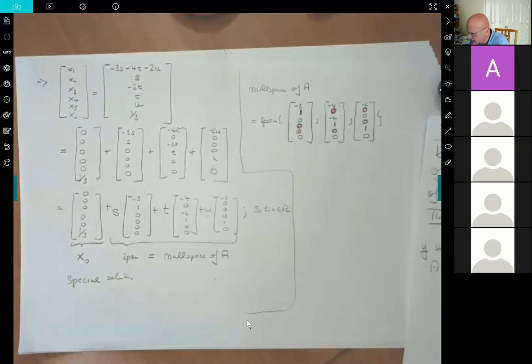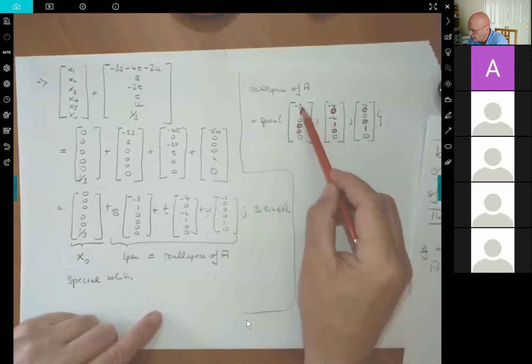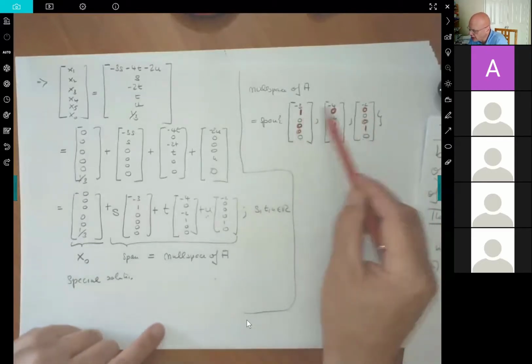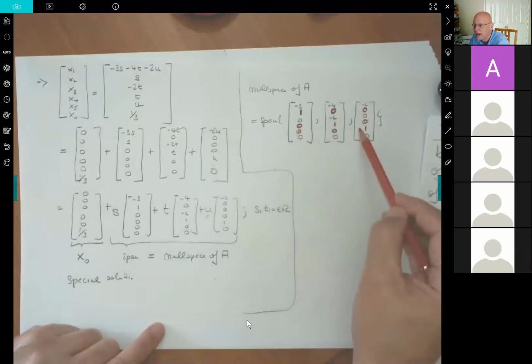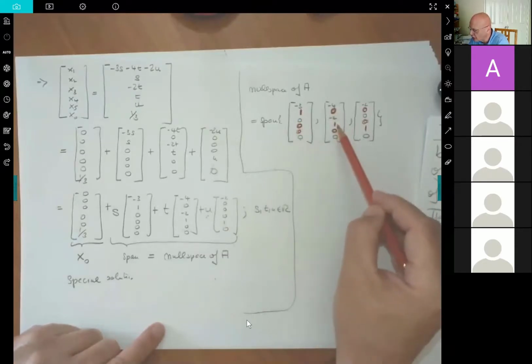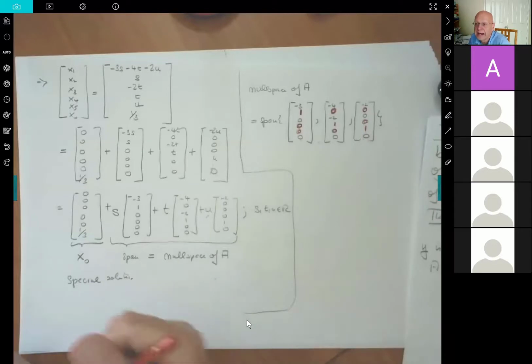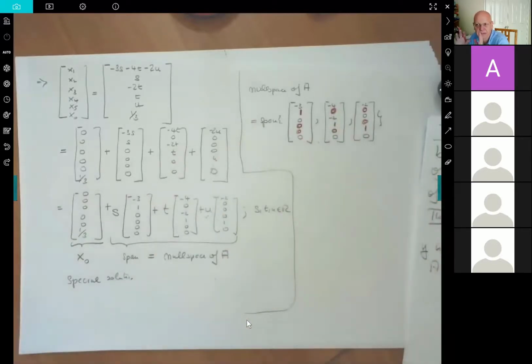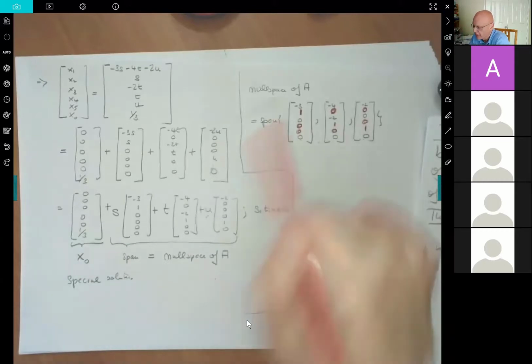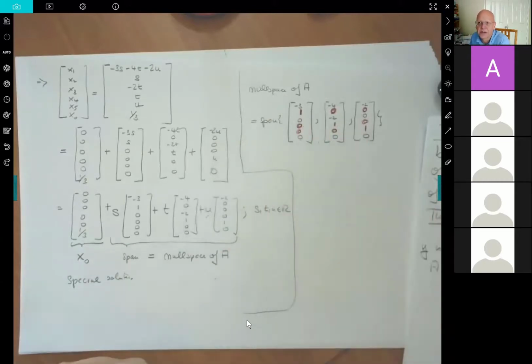So that means for these vectors, forget about all the other components. If you just take these three components in rows 2, 4, and 5, then these red vectors are automatically linear independent. And then adding some stuff on top or bottom doesn't make a difference. So it turns out the vectors which come out of the Gauss algorithm are automatically linear independent.